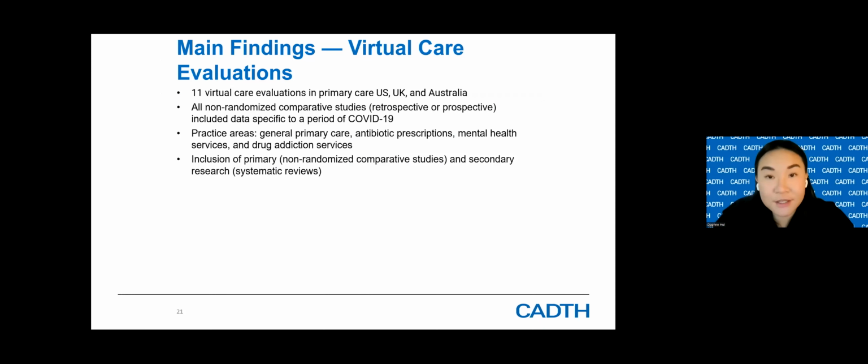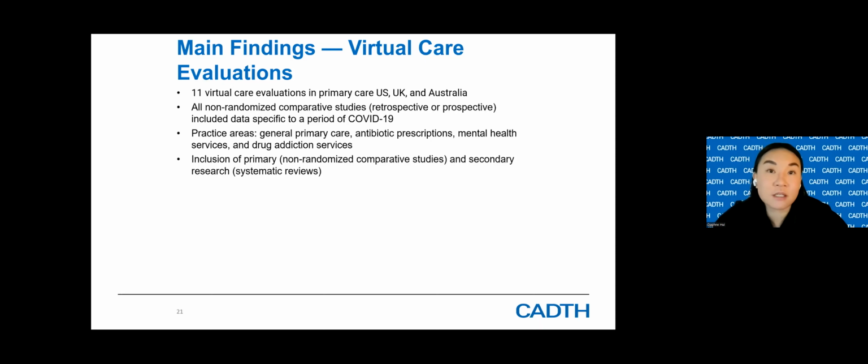Thank you. Okay, so as mentioned, the second part we focused on were actual evaluations that were published, and we identified 11 published virtual care evaluations, and these were conducted in primary care across the United States, United Kingdom, and Australia. These covered general primary care, antibiotic prescriptions, mental health services, and drug addiction services.